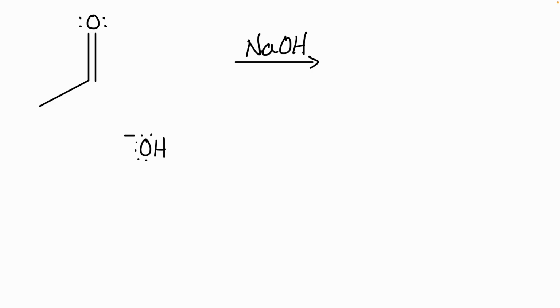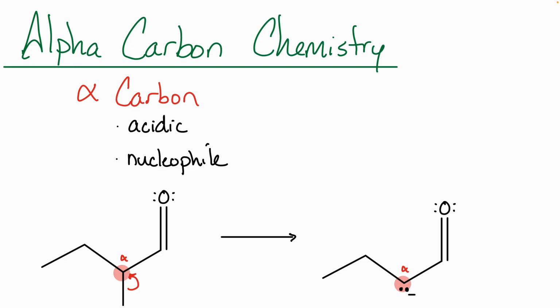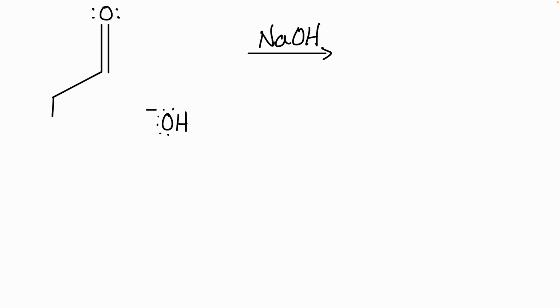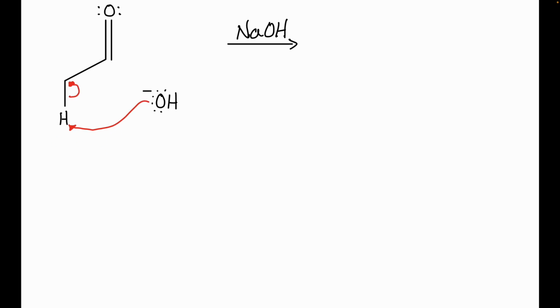Of course, the sodium isn't doing anything, so I'm just going to draw that hydroxide ion. And what's going to be my acid here? What did we just say about our alpha carbon here? All right, so that base is going to deprotonate that alpha carbon, creating that enolate ion.